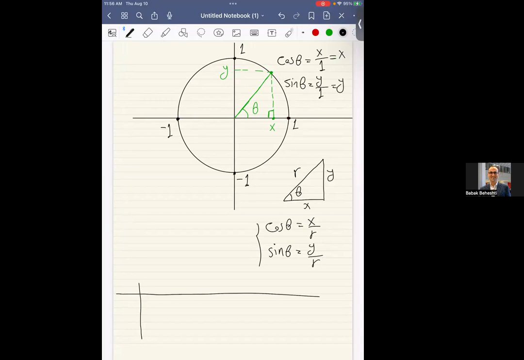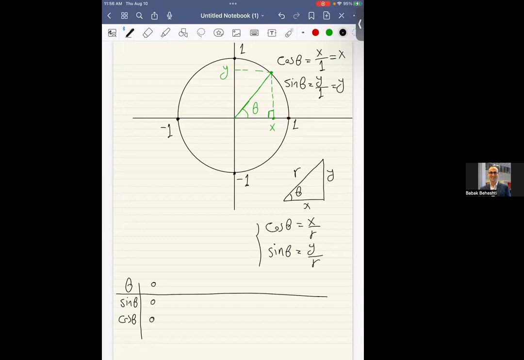So here I write theta, and then sine theta, cos theta. So for theta equal to 0, sine theta is equal to 0, cos theta is equal to 0.